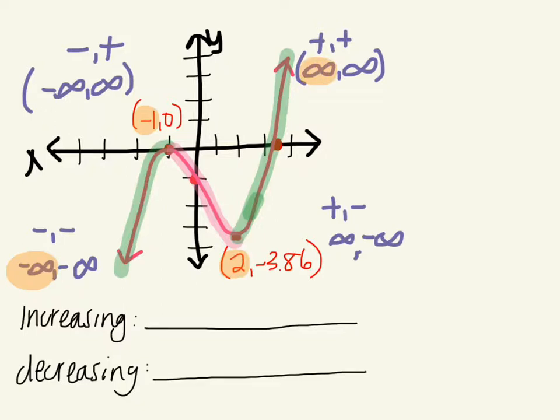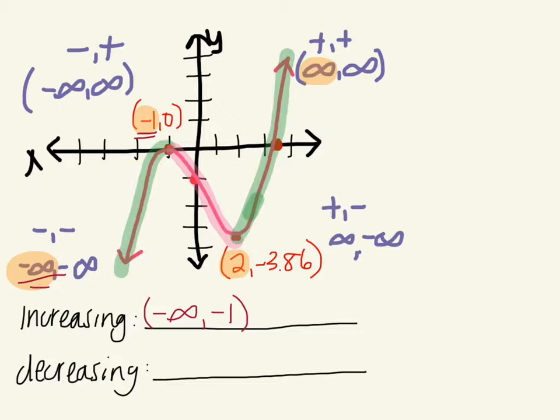Okay, so just looking at those four highlighted terms, how we're going to fill this in: it starts increasing when x is negative infinity, and your y value is going to increase all the way up until x becomes -1. And put round parentheses on both of those. And it's going to change direction and start decreasing.